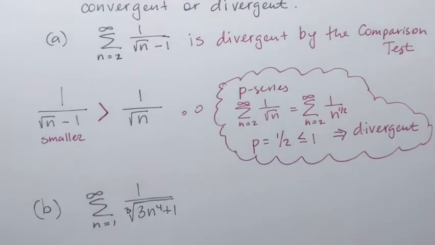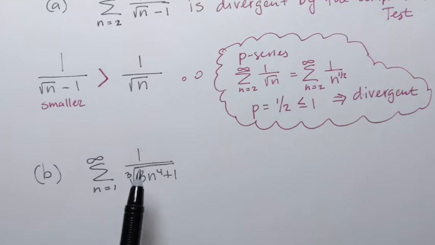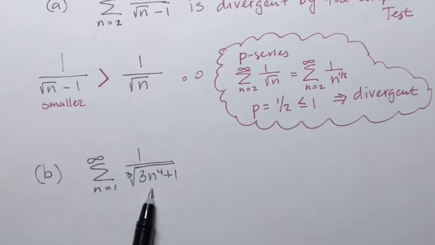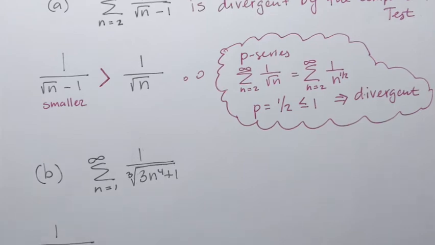Let's try one more example. Same question, we need to determine whether the series is convergent or divergent. And we're going to try to apply the comparison test again. I'm going to start by thinking what I can compare this general term to: 1 over cube root of 3n to the 4th power plus 1.